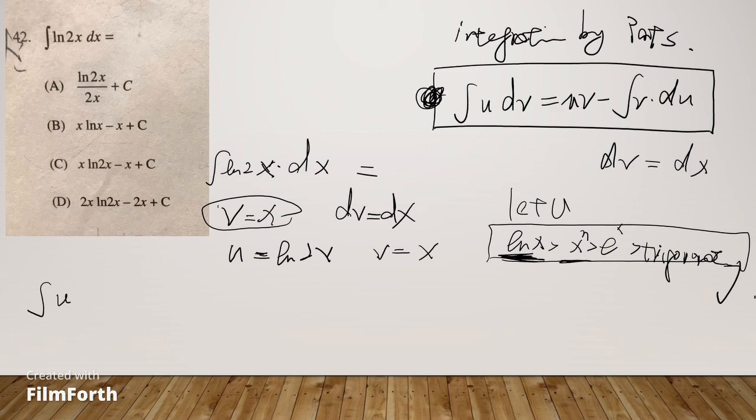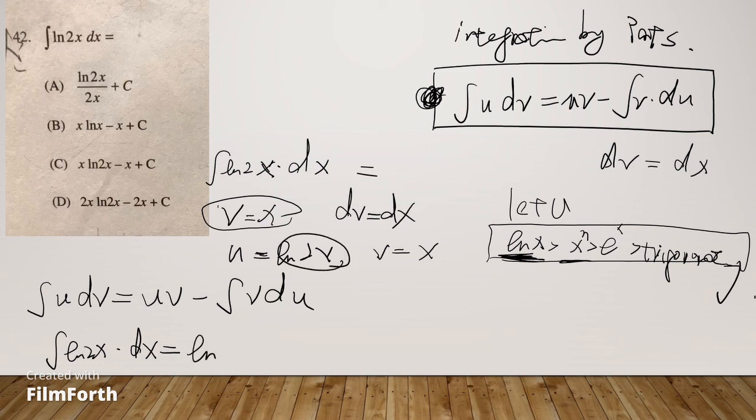Integral of u dv equals uv minus integral v du, and in our case u equals ln 2x, so this equals u times v, which is ln 2x times x, minus integral of v du.